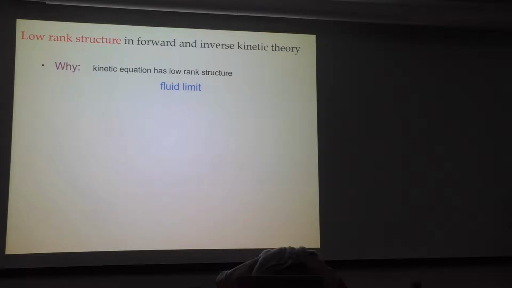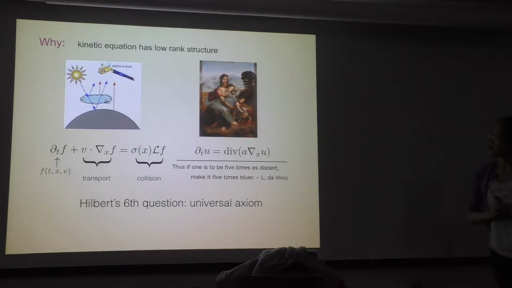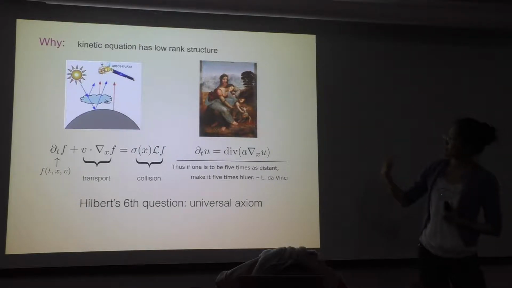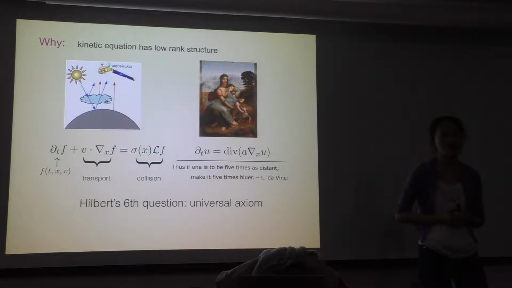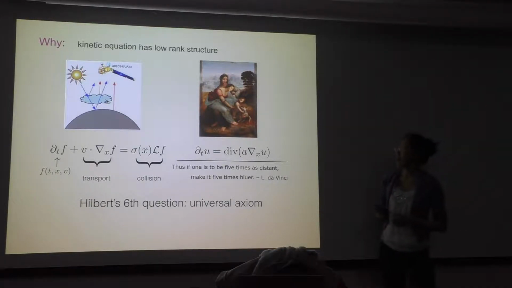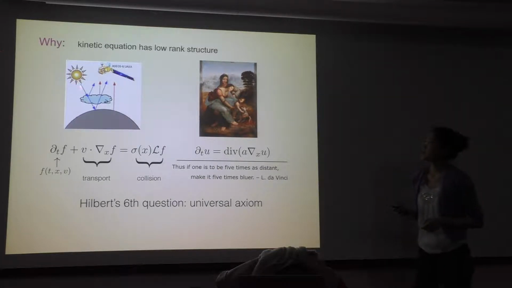Why do I say kinetic equation has low rank structure? The answer lies in the fluid limit. I'm trying to explain here how to characterize light propagation. There are two ways. The sun shines on the Earth. Some of the photons propagate through, and some of the photons get scattered around by the cloud.